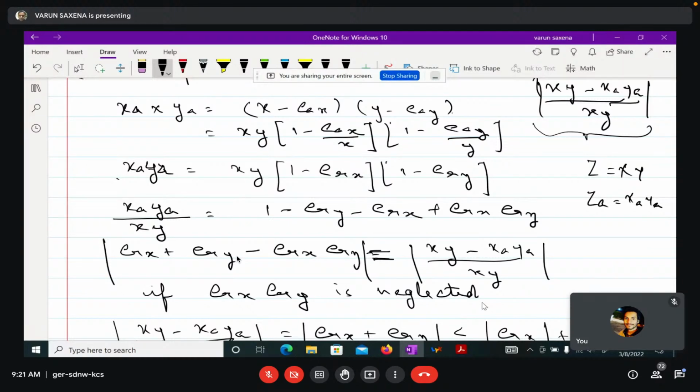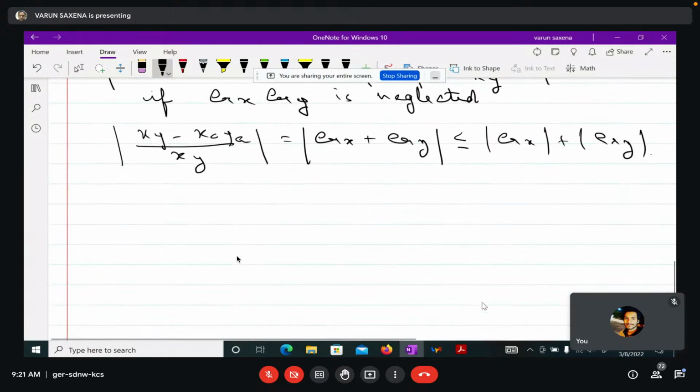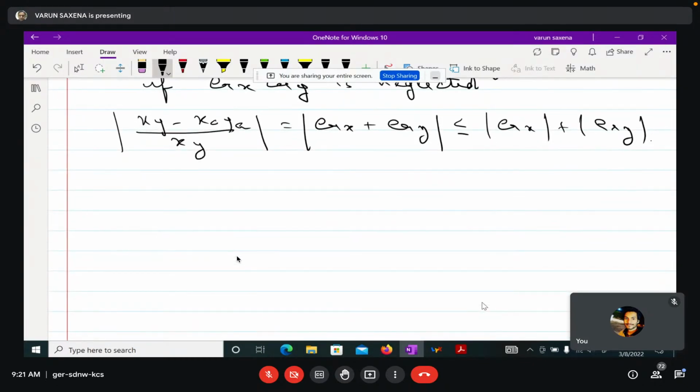Okay. So moving ahead, we'll see how the error would propagate when you are actually dividing quantities. So let's change to division. When you're dividing quantities, you have xa over ya.